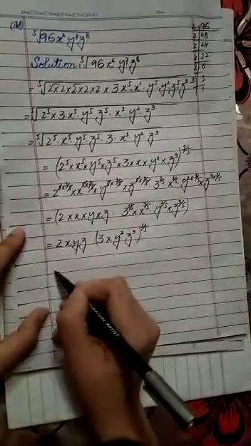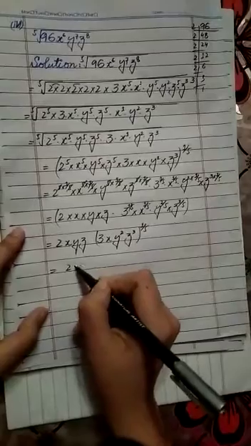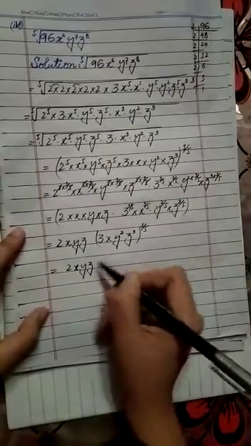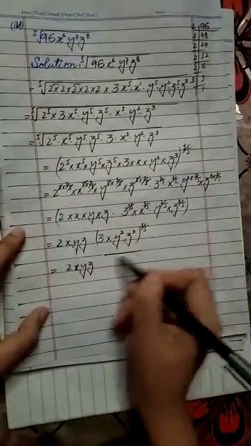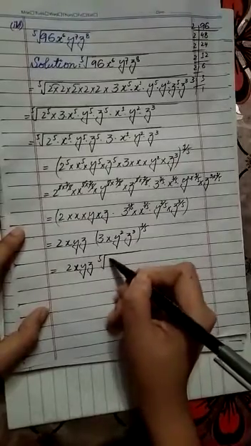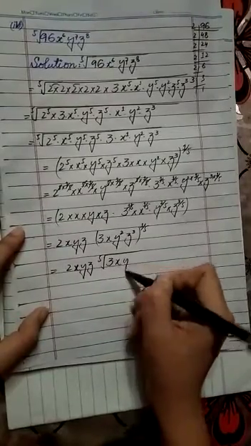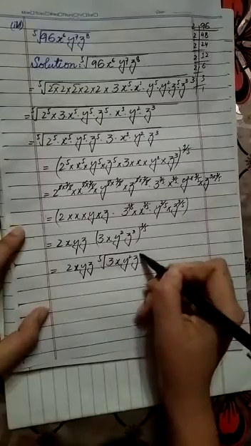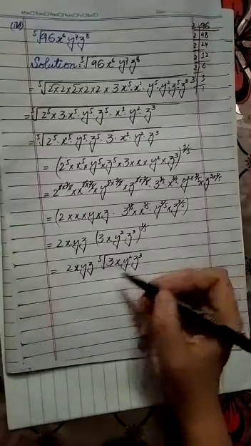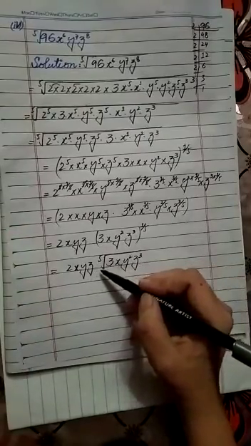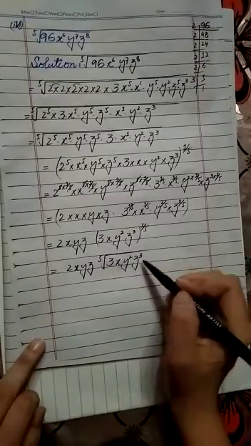So if we want to change this power in the same sign with 5 radical, it will be 3x y square and z3. 2xyz radical 5 3xy square z3.